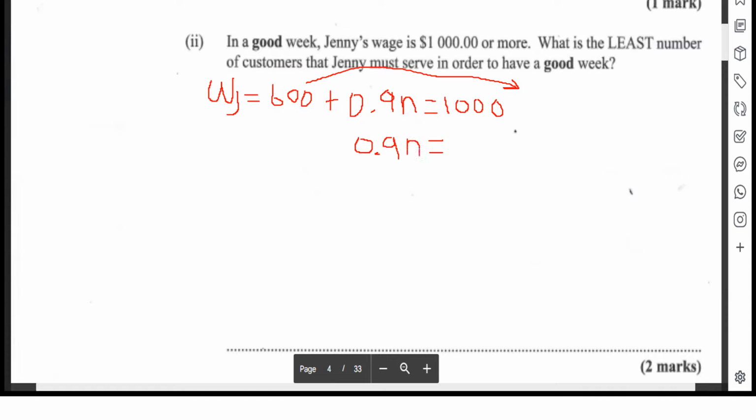On the other side, we'll have 1,000 minus 600. So we move down the line, we put back the 0.9n is equal to 1,000 minus 600 leaves 400.